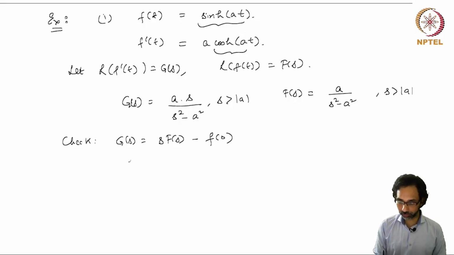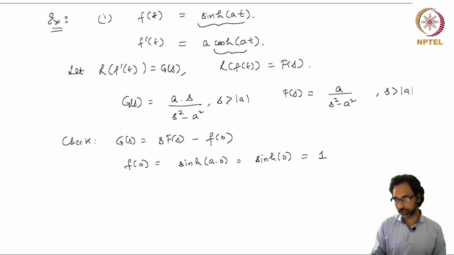So what is f of 0? F of 0 is simply sine hyperbolic of a times 0, and this is sine hyperbolic of 0, and so this is nothing but 0. Okay, and so we are only left with s times F of s.